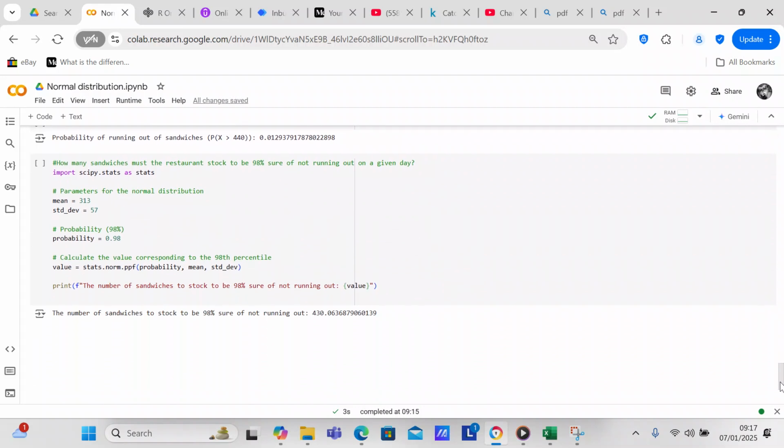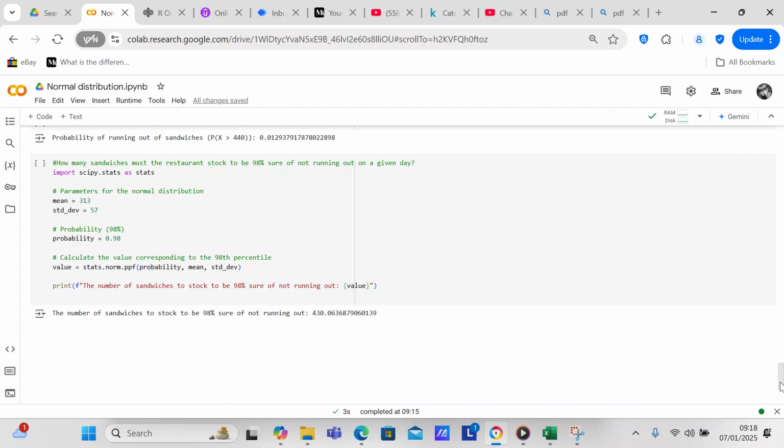We've got another question, and that's our last question. How many sandwiches must the restaurant stock to be 98% sure of not running out on a given day? The parameters are: mean is 313, standard deviation is 57, probability is 98%. Remember, you've got your mean, standard deviation, and probability, and now you want to know the value.